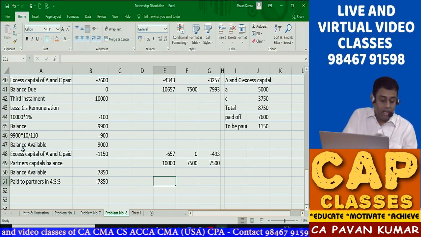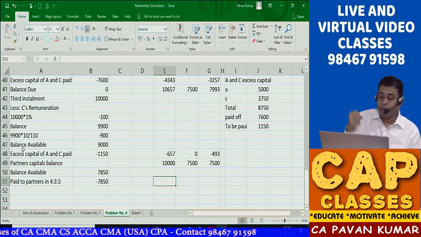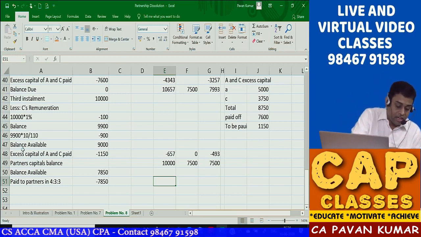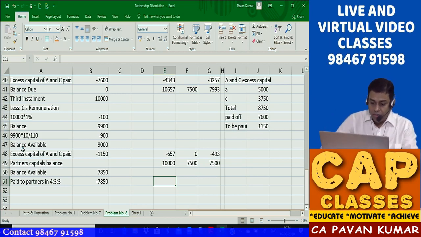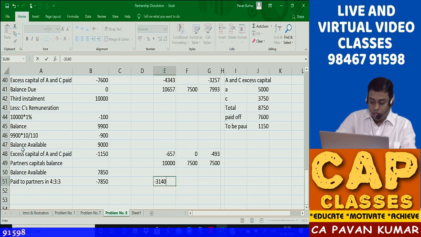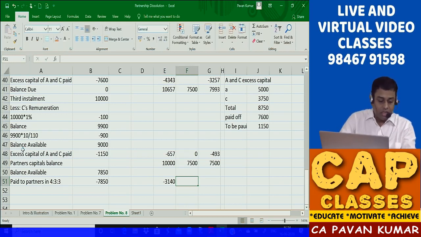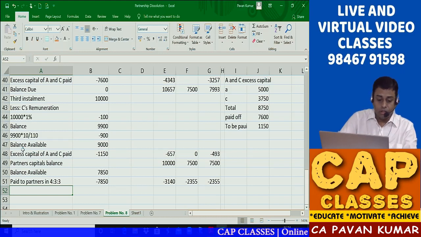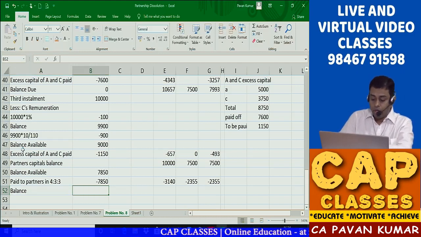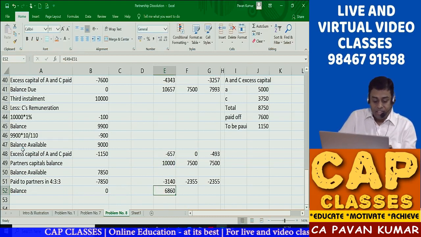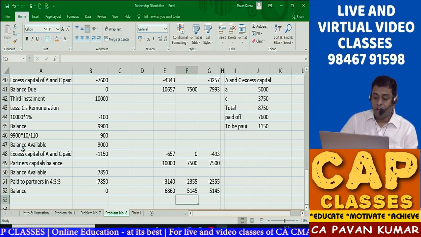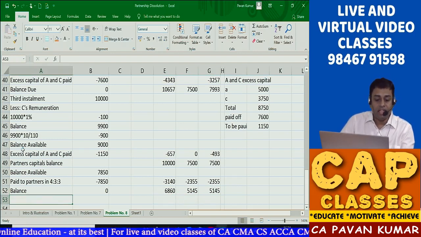So how much will you pay? 7,850 divided by 4 plus 3 plus 3, which is 10, into 4. So you are paying 3,140 to the first guy, minus 3,140. Then 3 portions you will pay to the second guy, 2,355, minus 2,355. Again minus 2,355 to the third guy. Paid to partners in this ratio. Now balance: here you have 0. Here you have 6,860, 5,145, 5,145. So with this, installment 3 is also over.